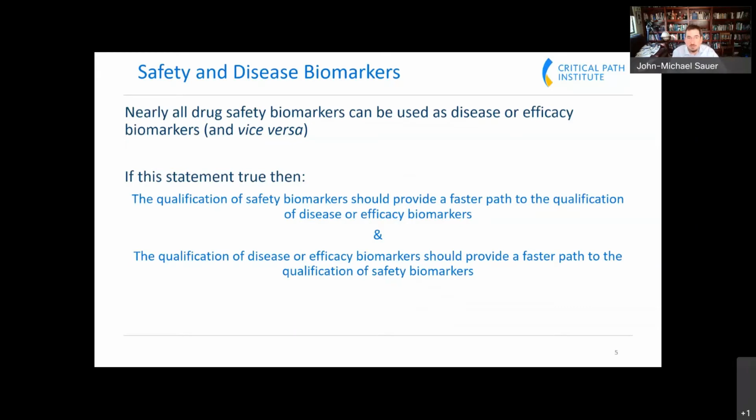In other words, safety biomarkers being used within the disease or efficacy space, or disease and efficacy biomarkers being used in the safety space, right? We should be able to leverage the data that's generated around these biomarkers in order to accelerate their qualification within the other arena.